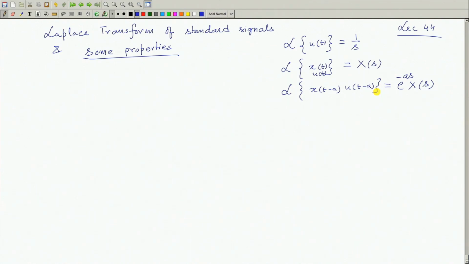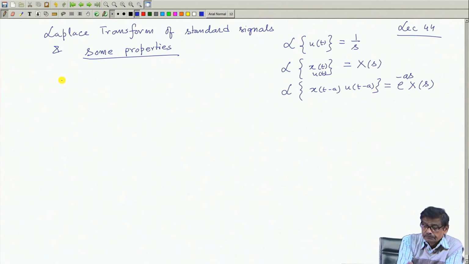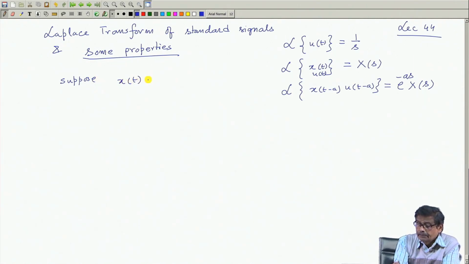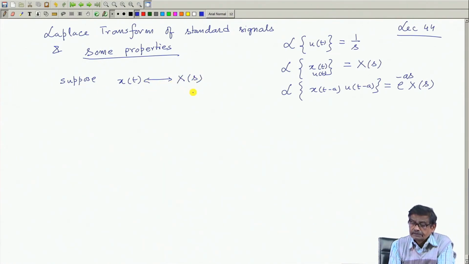Now, the next thing is, if a function is multiplied by e to the power at. Suppose x(t) has a Laplace transform X(s), this time I will write it like this. This is a unique pair.